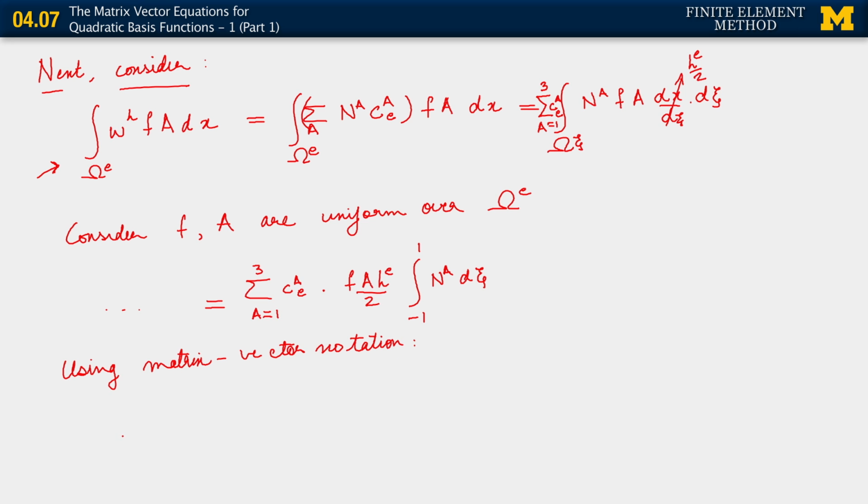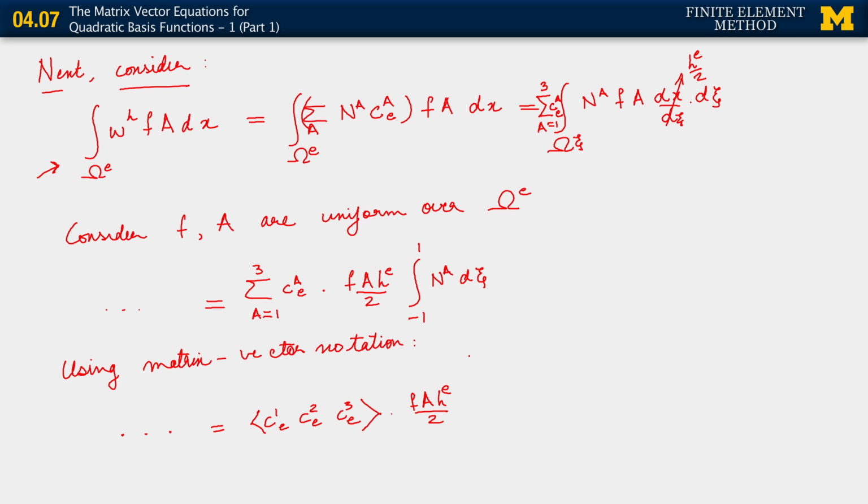So what we're trying to compute on the left-hand side, the integral that comes from the top of the slide, is now represented as c_1^e, c_2^e, c_3^e, using vector notation for representing our degrees of freedom of the weighting function over the element, times f a h^e over 2.